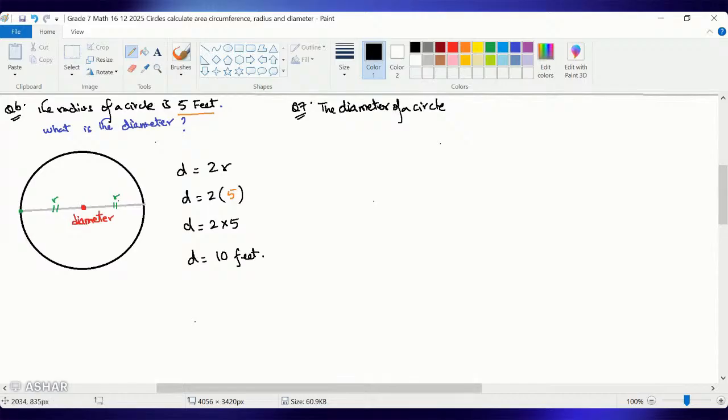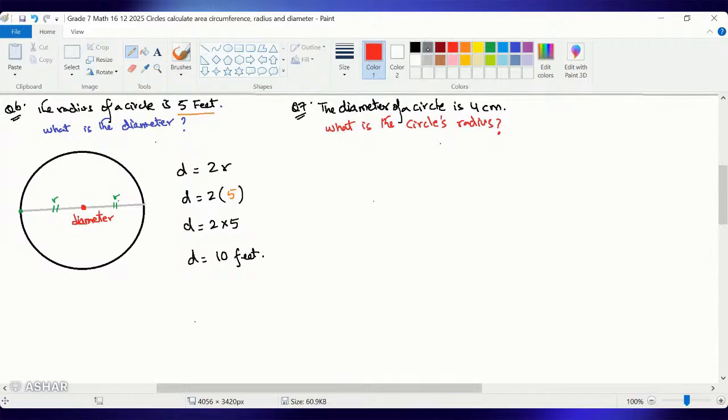If the question says the diameter is 4 centimeters, it's understandable for us that the diameter is always for a circle. What is the circle's radius? Okay, we need to find the radius.